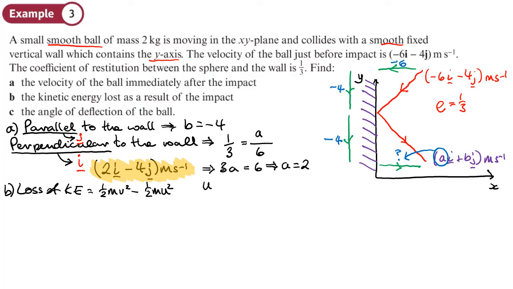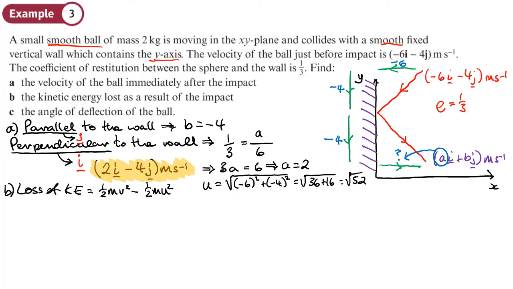So let's work those out. U, now remember we need the speed, not the velocity, so that means I need to use Pythagoras. Before the collision u, I've got 6, negative 6 and negative 4, so that's going to be Pythagoras on negative 6 and negative 4, so the square root of 36 plus 16, so root 52.